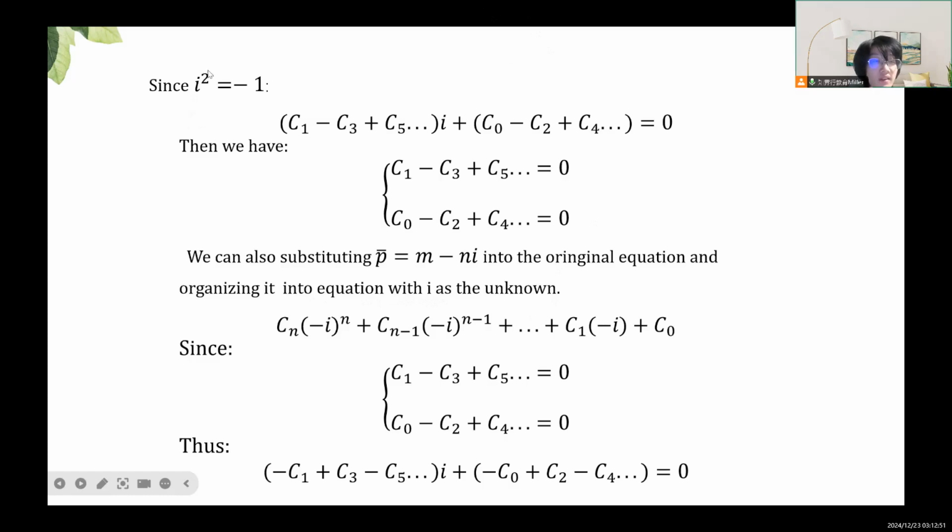Since i squared equals minus 1, we can also organize the equation, and we have this one. And we found that this one equals this one, so this one is also 0, and thus m minus ni is also a root of this equation.